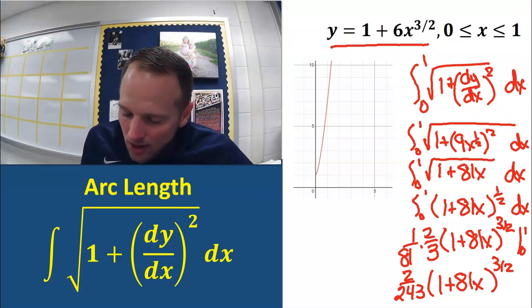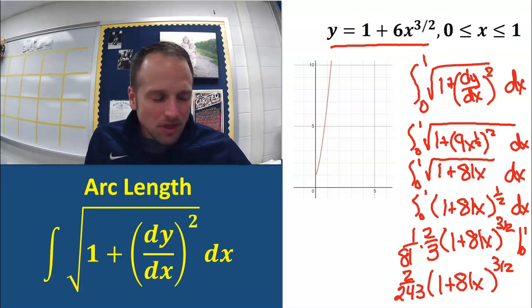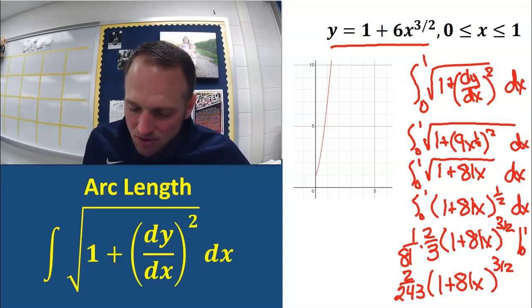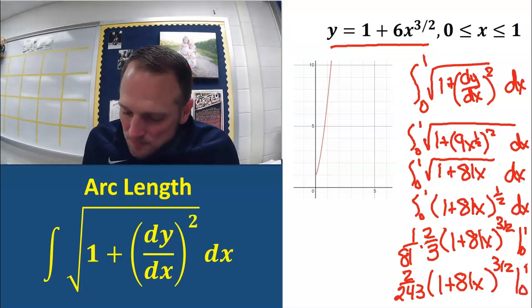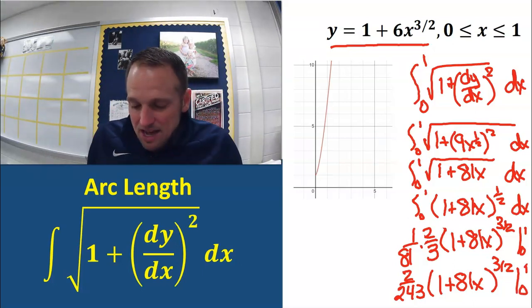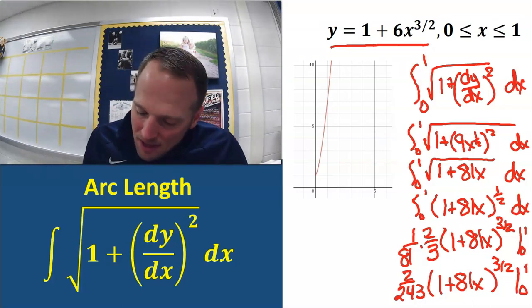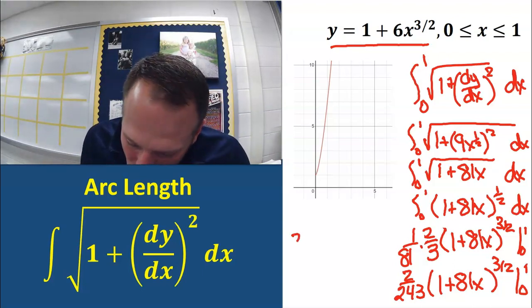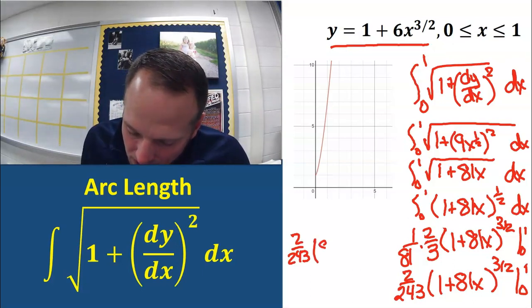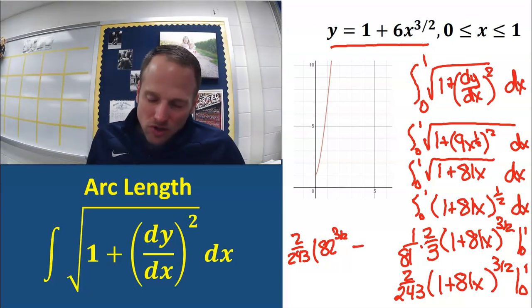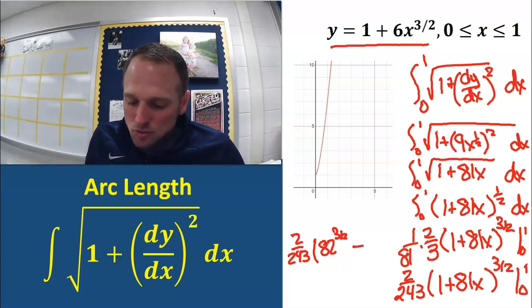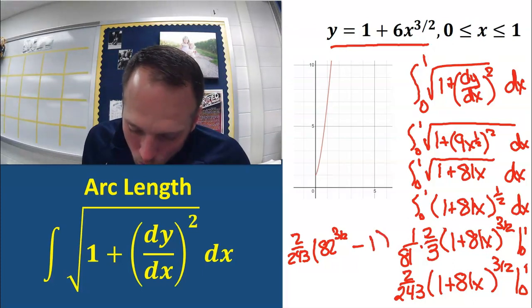When we put this into our calculator, let me see what this is going to actually be. 1 plus 81 is going to be 82, so we'd have 2 over 243 times 82 to the 3/2 power. Then we'd have to subtract. When we put in 0 for x, that's just going to be 1 to the 3/2 power, which is just 1.